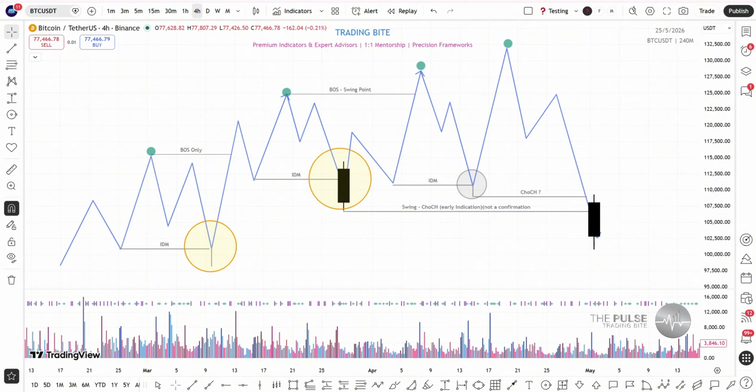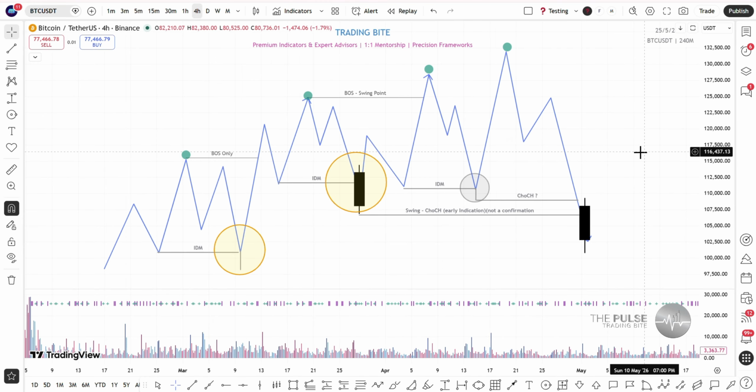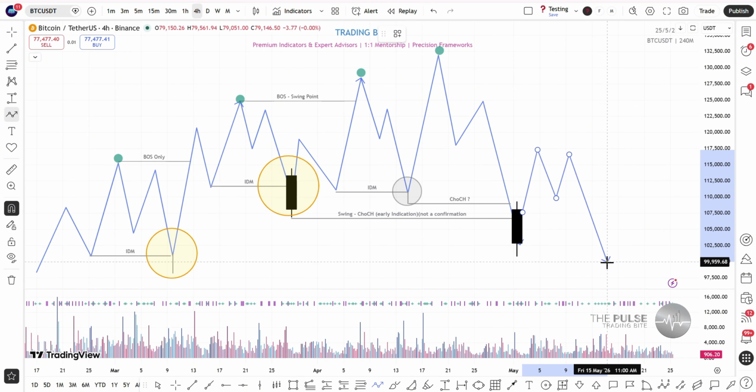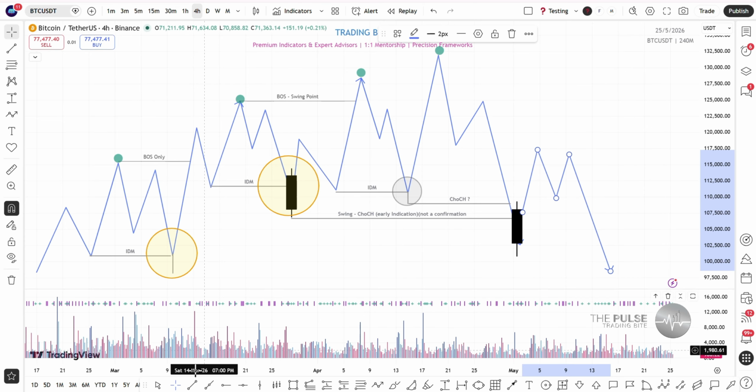How would we know that the market is going to reverse from this point? Once this candle body is closed here, we have to wait for the market to go up, come back, and then close right under here.